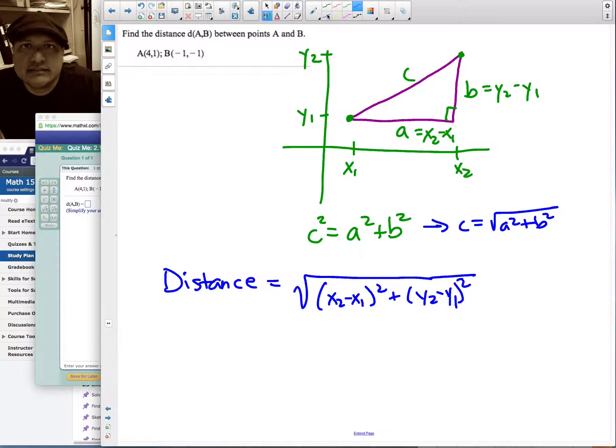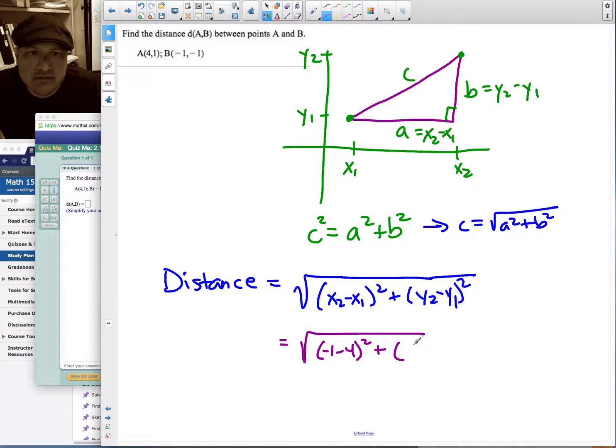Okay, in this case it's going to be the square root of x2 is negative 1 minus 4 squared plus y2 is negative 1, minus 1 squared. This is 5 squared. Now, you can keep the negatives, but remember when you square, everything's going to become positive.